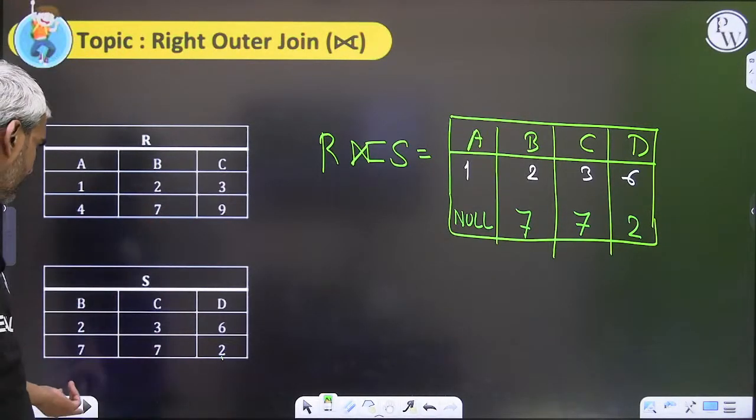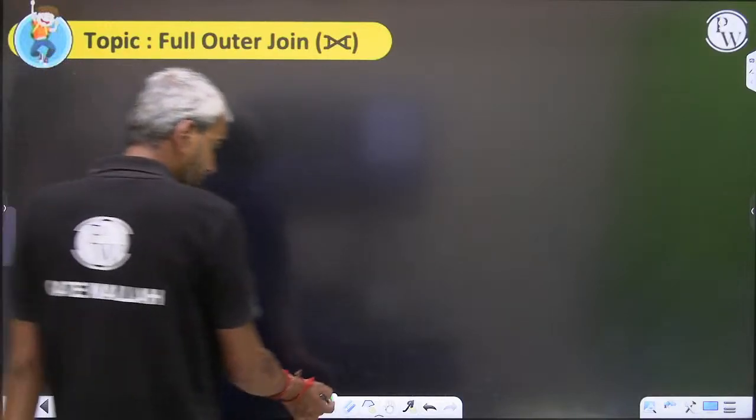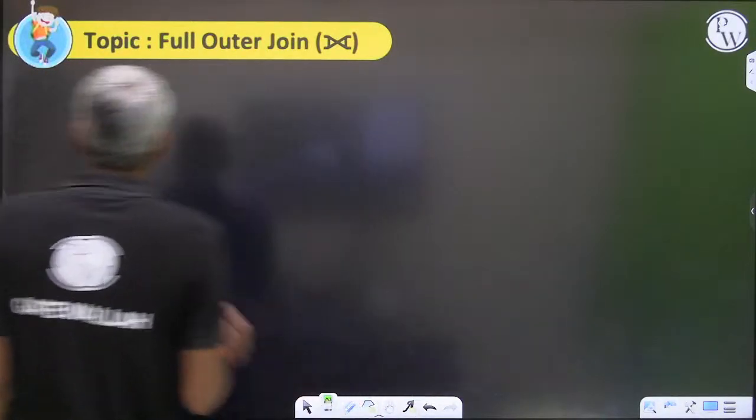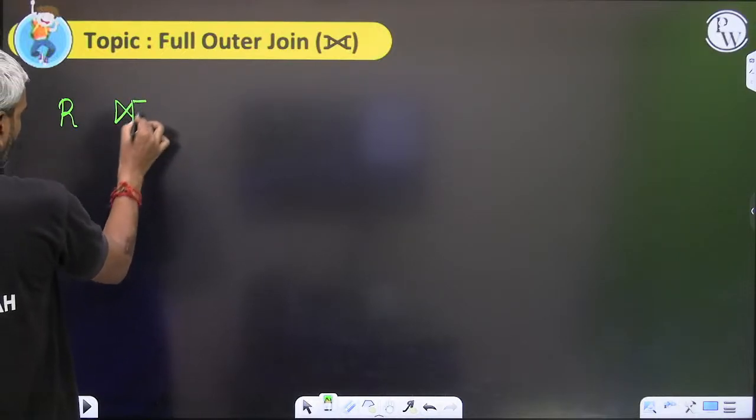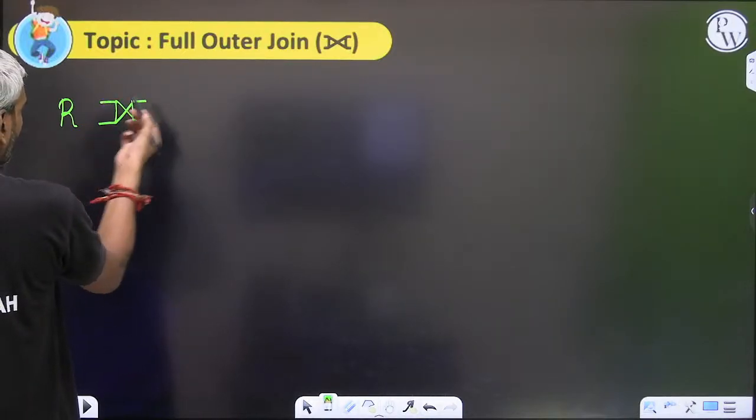Now it should be clear what the full outer join will be. So what will be the full outer join? The full outer join will be denoted using this, covering our right side as well as left side.